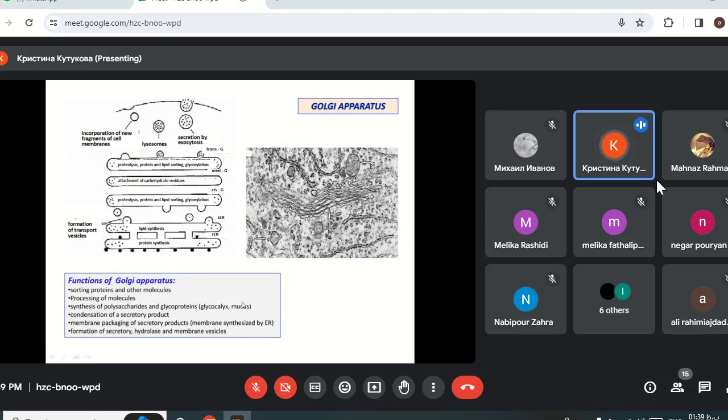So, functions of Golgi apparatus include sorting of proteins and other molecules that are synthesized inside rough and smooth endoplasmic reticulum and go to Golgi apparatus.